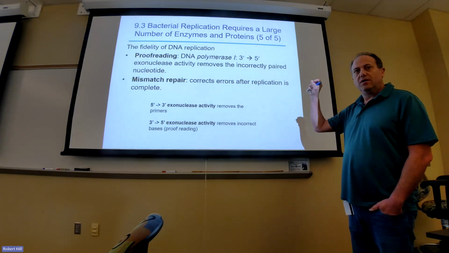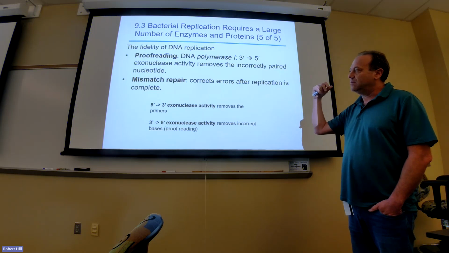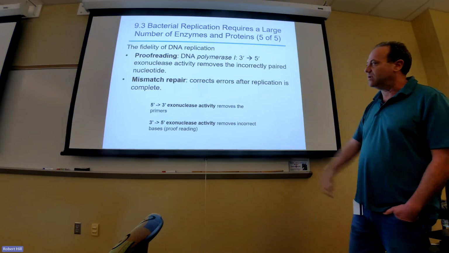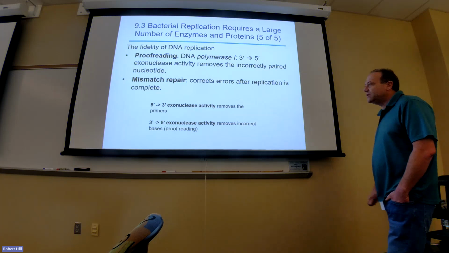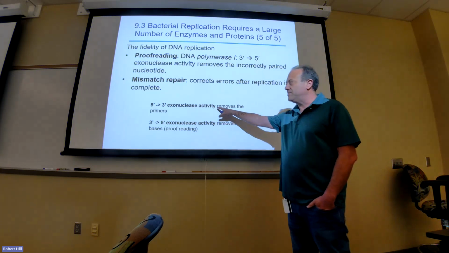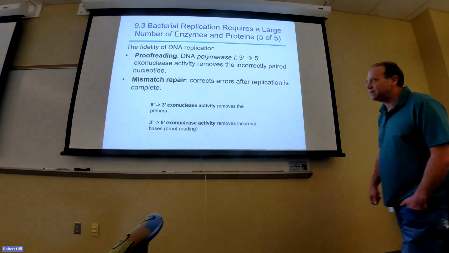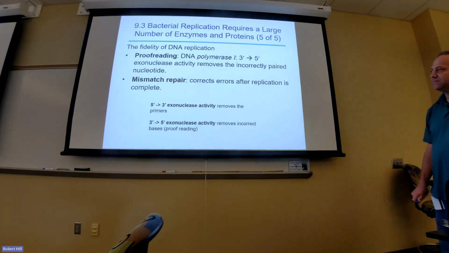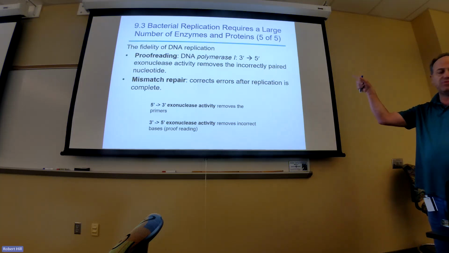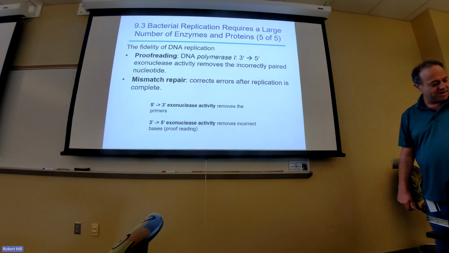But to repair DNA, to put a correct nucleotide in where an incorrect one was inserted, it also has 3' to 5' exonuclease activity. So the 3' to 5' exonuclease will correct a mismatch.